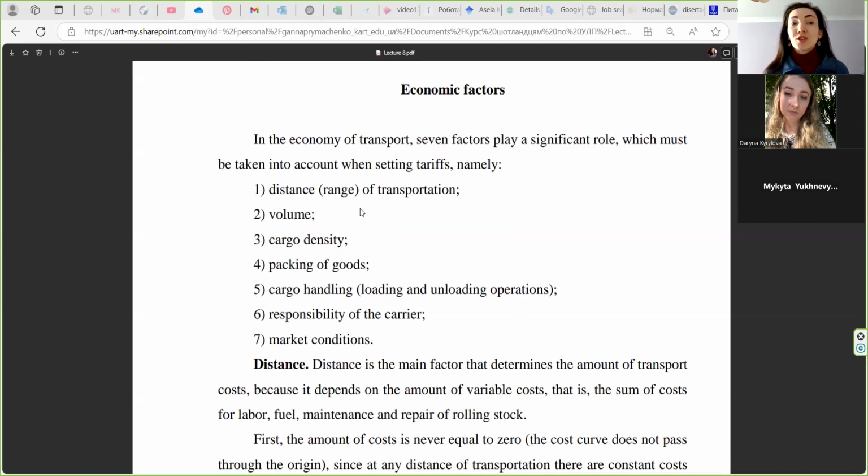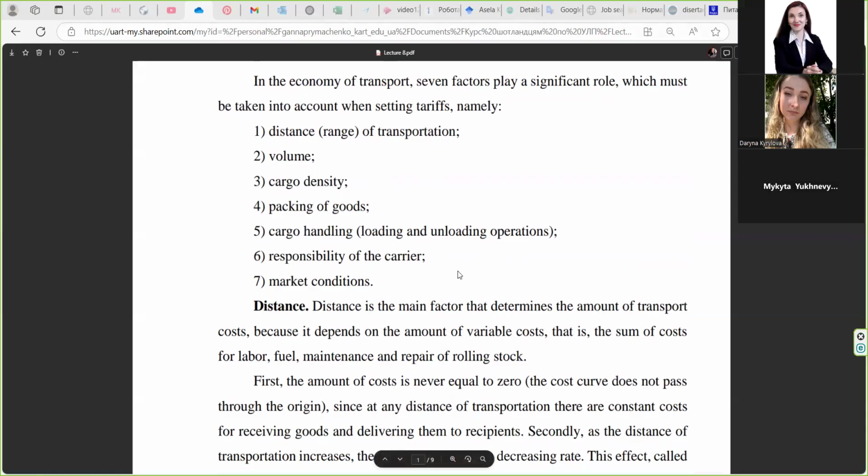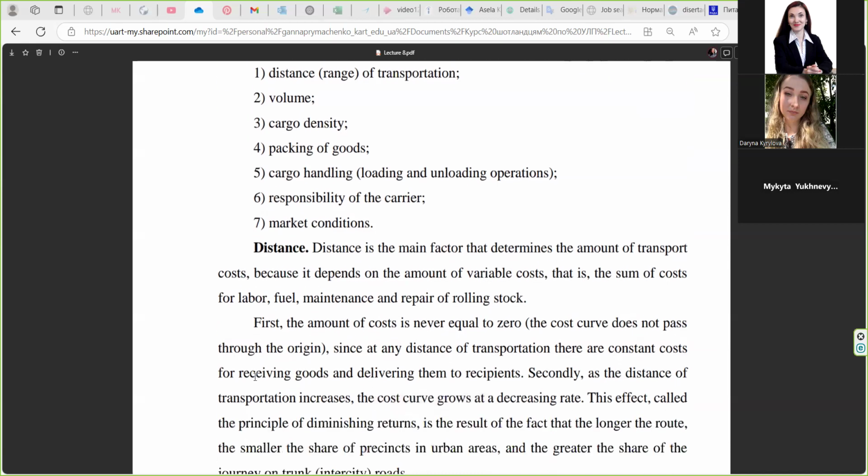So the first factor is distance of transportation. Distance is the main factor that determines the amount of transport costs because it depends on the amount of variable cost, that is the sum of cost for labor, fuel, maintenance, and repair of rolling stock.